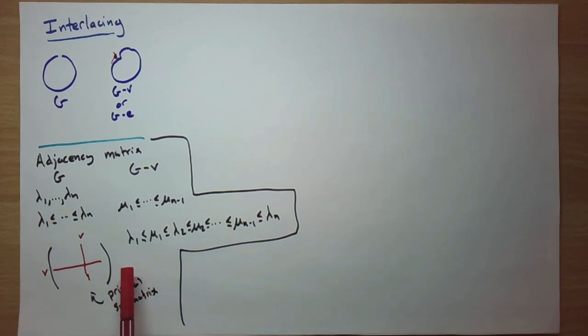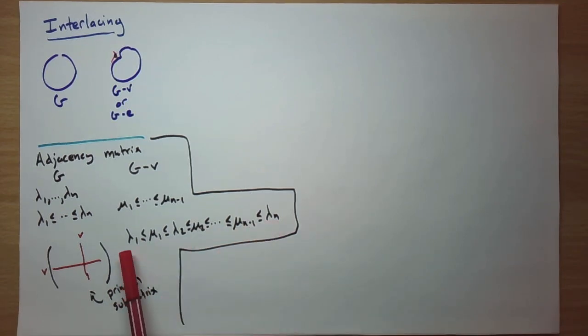Now, how do you use interlacing in practice? Well, suppose I have a particular assumption on my eigenvalues. And usually we make assumptions about the extreme eigenvalues. And you'll notice that those are the ones that have the most freedom. Because if you have interlacing, eigenvalues which are close together are going to end up with more eigenvalues that are close together, in the same ballpark.